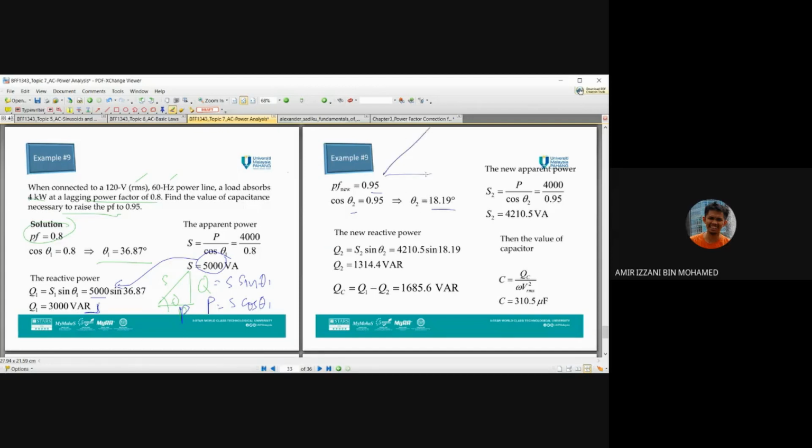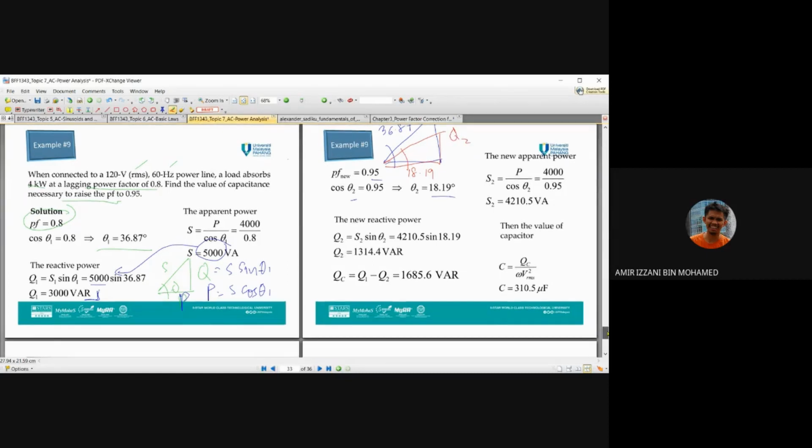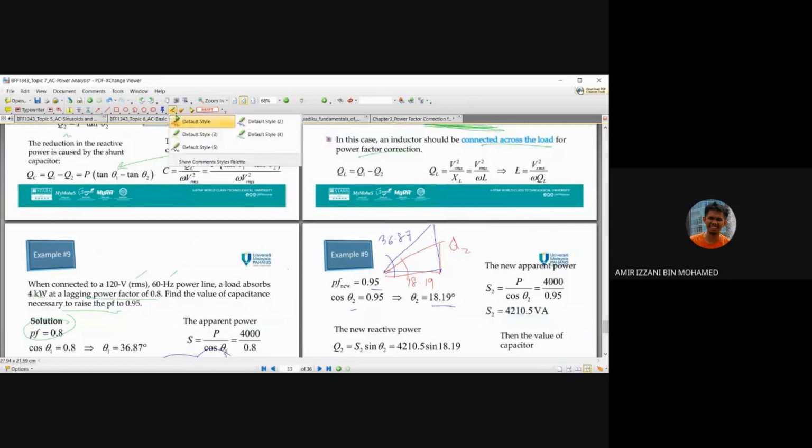This is the old one, 36.87 degrees, and the new one is significantly reduced in this area. This is Q2, and this is Q1.